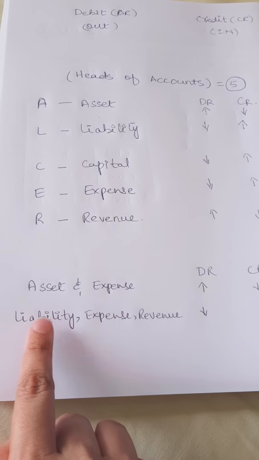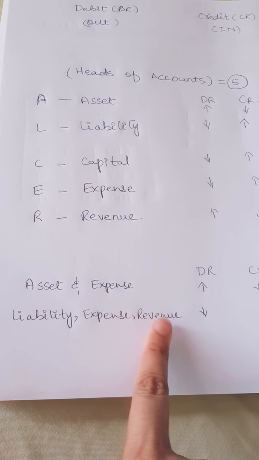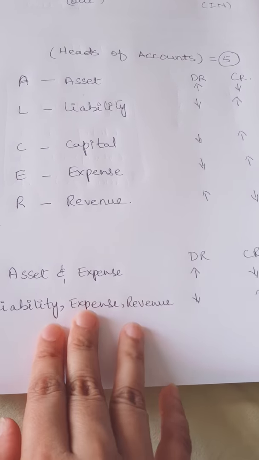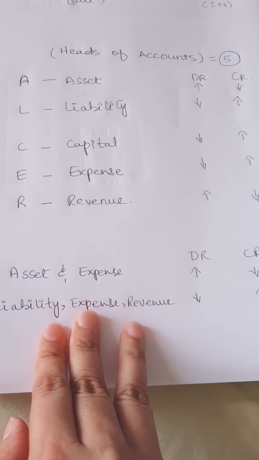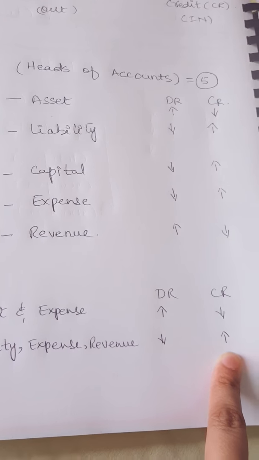Liability, capital, revenue: these three behave in a similar manner, and whenever they are decreasing, they will be recorded on the debit side, and whenever they are increasing, they will be recorded on the credit side.